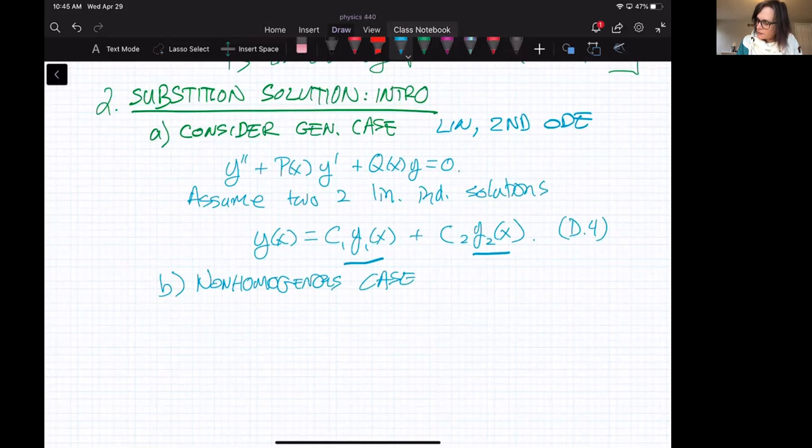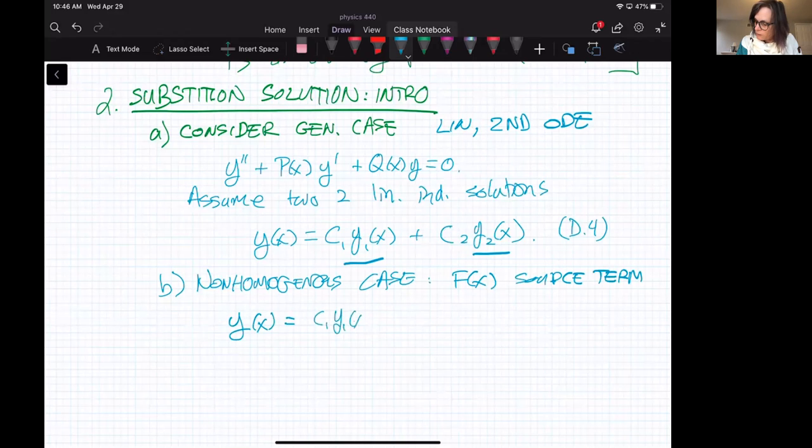Where f of x is our source term, then we have y of x equal to essentially everything we have here, plus what? What do we need to add?